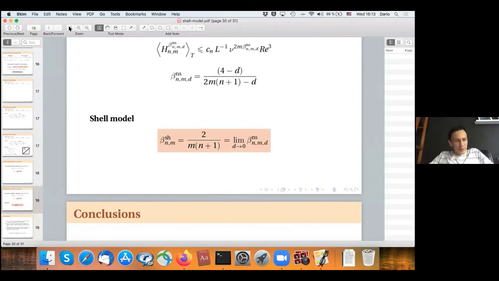Thank you. So Dario, thank you. Very interesting. My question is that I think there is a possibility that this match between exponents between this shell model and Navier-Stokes may have to do with the interpretation of the norms themselves, because some time, like five years ago, I had a work which put the shell model in direct correspondence with PDE.